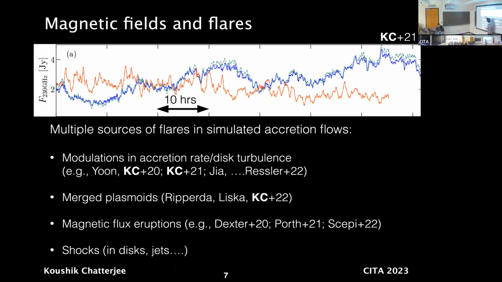If you look at the blue line, there are small scale fluctuations, whose origin mostly comes from this turbulence. But you also see very large scale modulations of the light curve. And this happens because the accretion rate onto the black hole is changing over time.